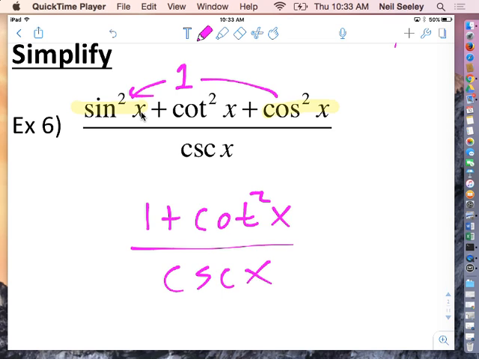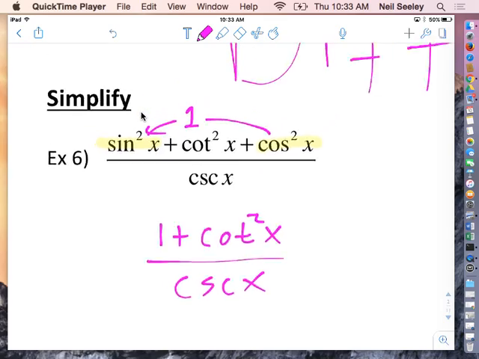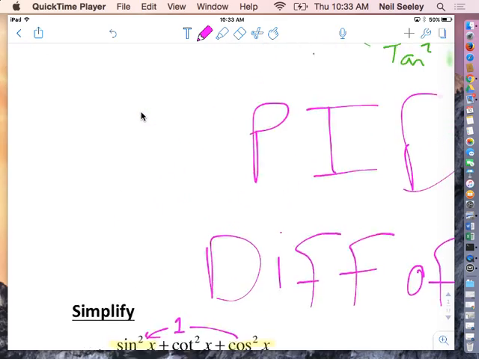Now, again, my PIDDAR is kind of flashing a little bit. In the back of my brain, I think I remember all those PIDs up there having a 1 and a trig function squared. So you hear that beep in the back of your head? I have a constant ringing in my ears, but I can still hear the beeping. Is there a PID that goes with that?